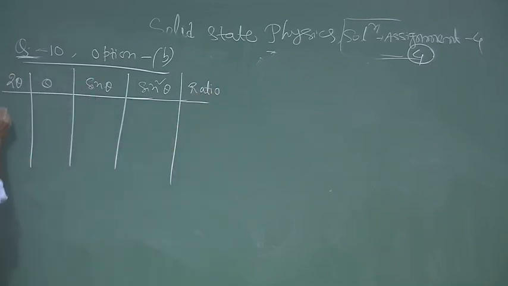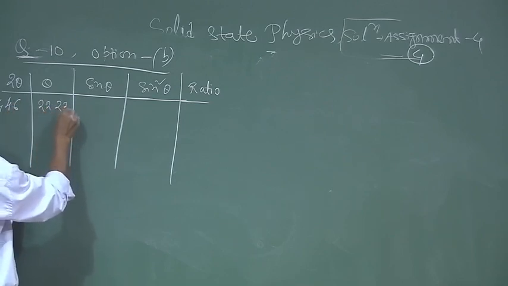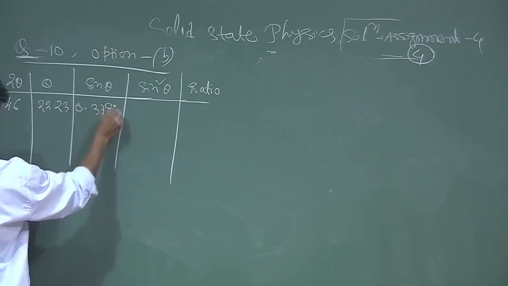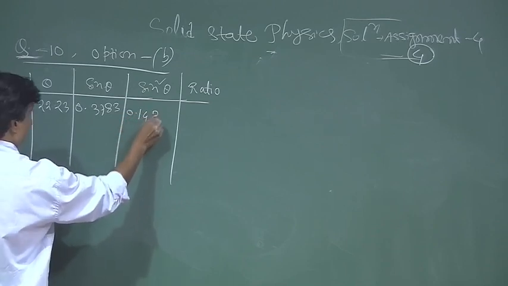So, it is 44.46, its half 22.23, its sin theta value comes 0.3783, and sin square theta 0.1431.